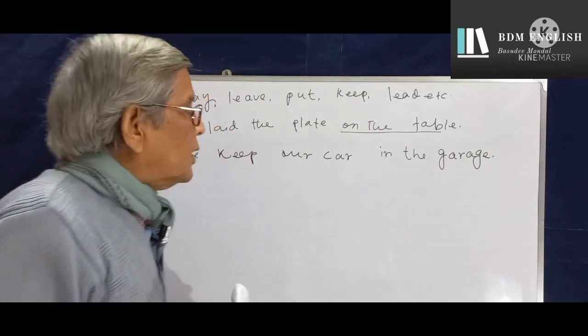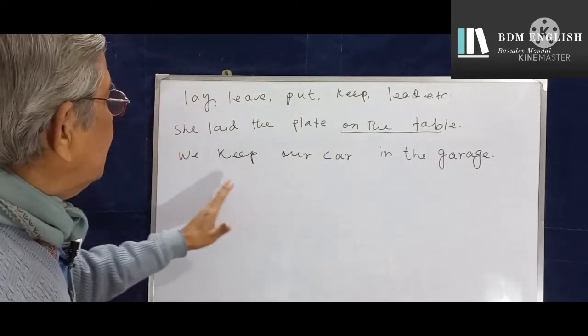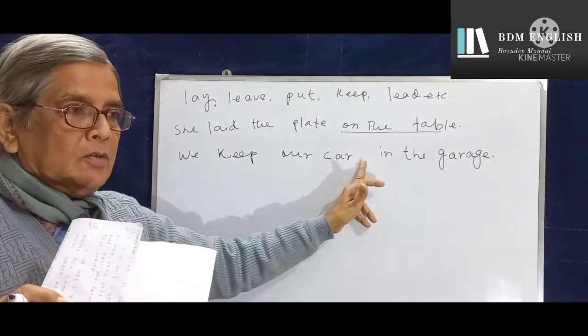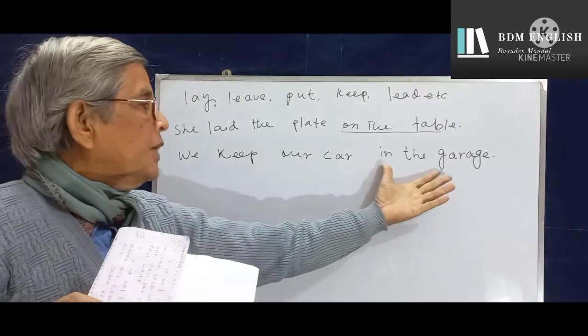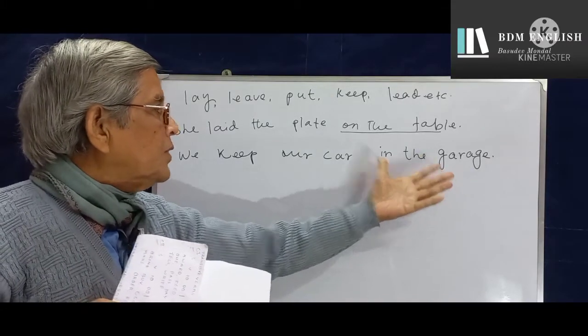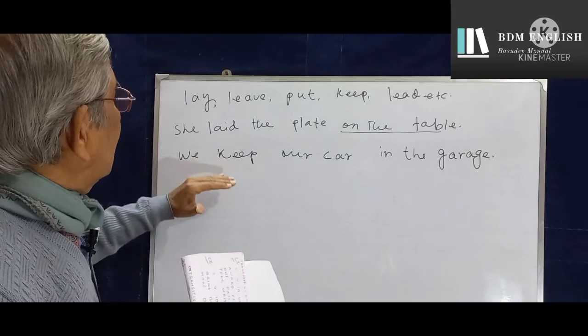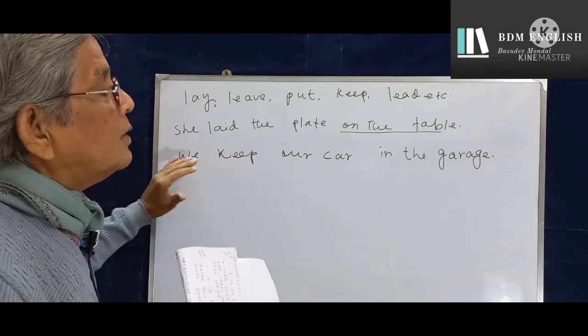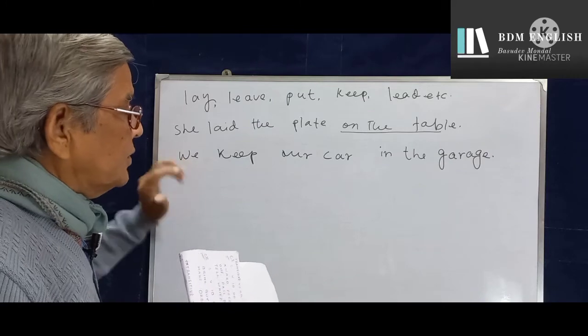We keep our car in the garage. Now, if we simply say we keep our car, it will carry no sense. If we add the phrase, the adjunct that denotes some place, the place of performing the act of keeping by the doer, we here in this case.